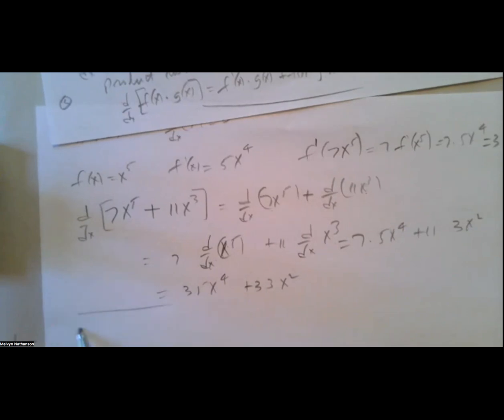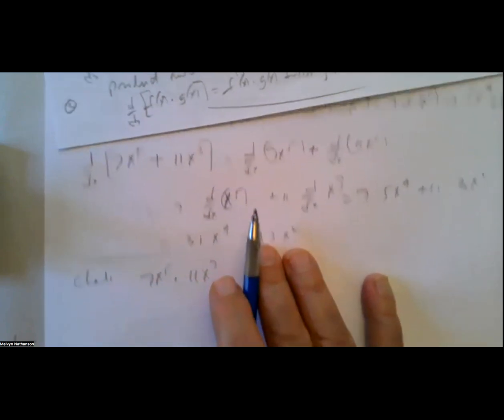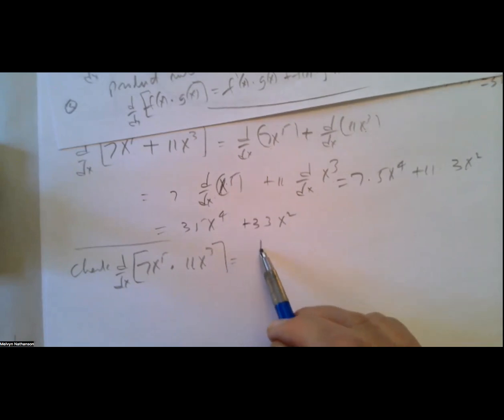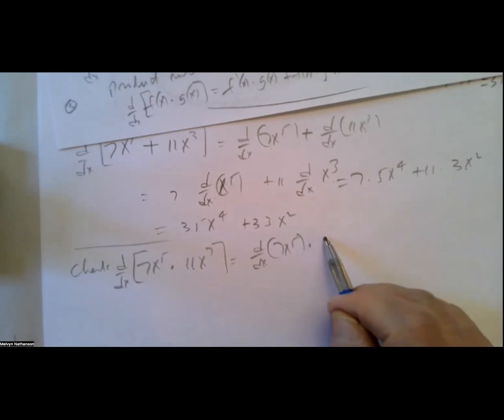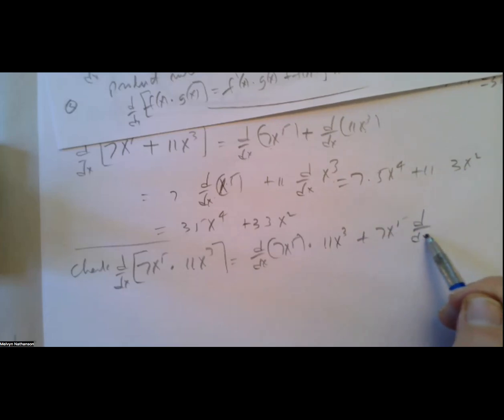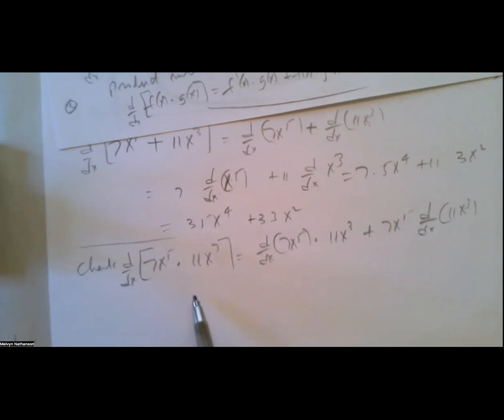Let's actually do an interesting check. If I take 7x to the 5th times 11x cubed, let me differentiate this by the product rule. So this would be the derivative of 7x to the 5th times 11x cubed plus 7x to the 5th times the derivative of 11x cubed.